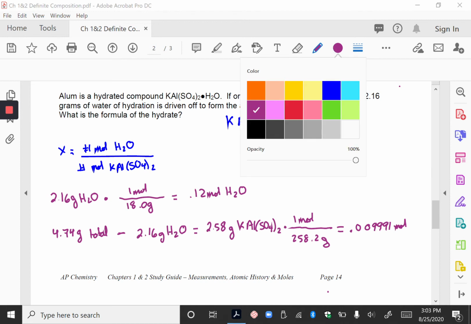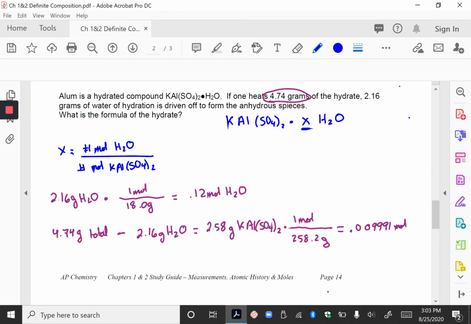So now, all we have to do is take the moles of the water, which we found to be 0.12, divided by my moles of anhydrous, which we found to be basically 0.01. And so this tells us that that number is 12.